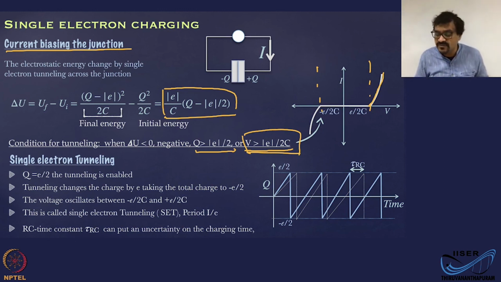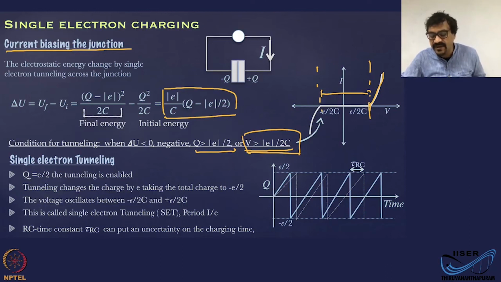So it is going to look like there is a region in the middle where there is no current running through, a voltage region in the IV. There, the transport is blocked. Okay, and when the voltage reaches E by 2C, the current is going to rise.